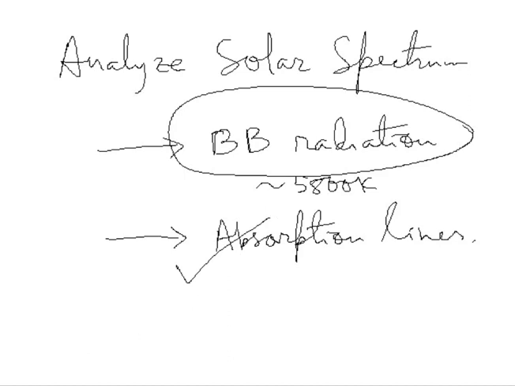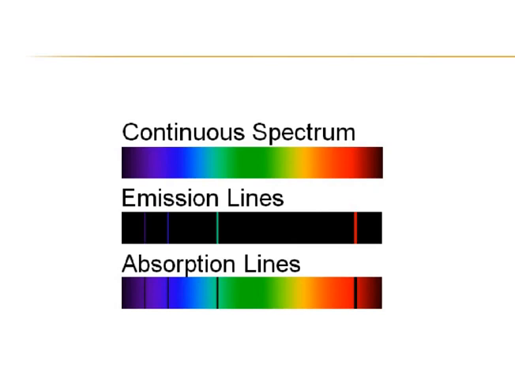Now you see that there are basically three types of spectrum. One is the continuous spectrum, another is the emission spectrum, and then we have the absorption spectrum.